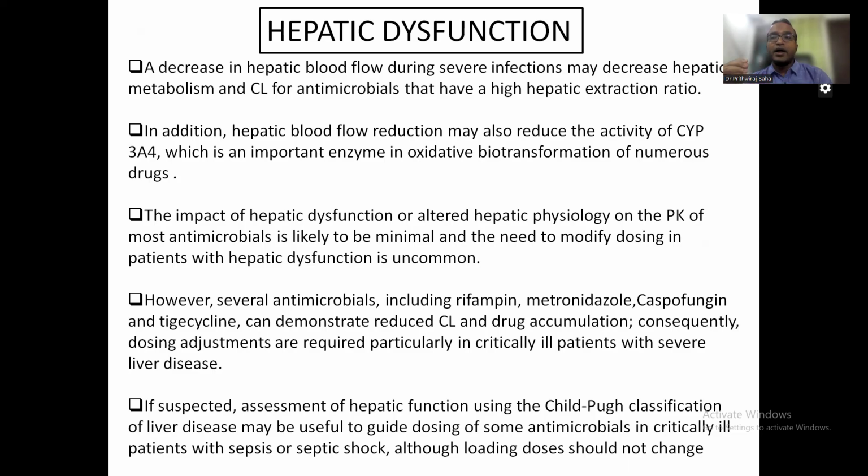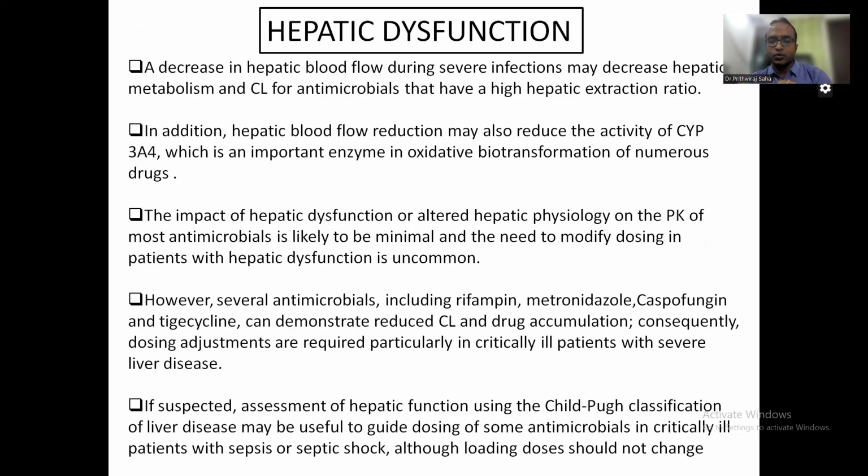But how are they eliminated? Whatever drug is extracted is metabolized by the enzyme. So if the enzymes are induced or inhibited, then the amount of drug metabolized will increase or decrease in case of low hepatic extraction. So low hepatic extraction, enzymes. High hepatic extraction, blood flow.